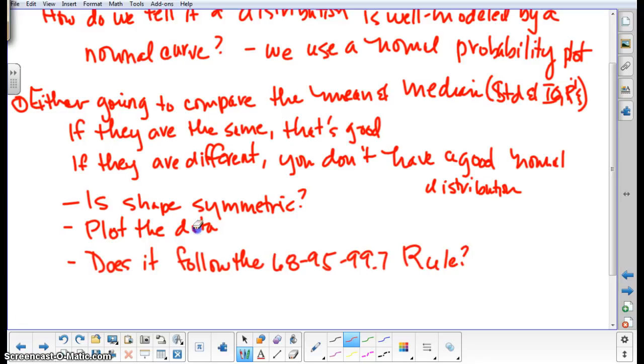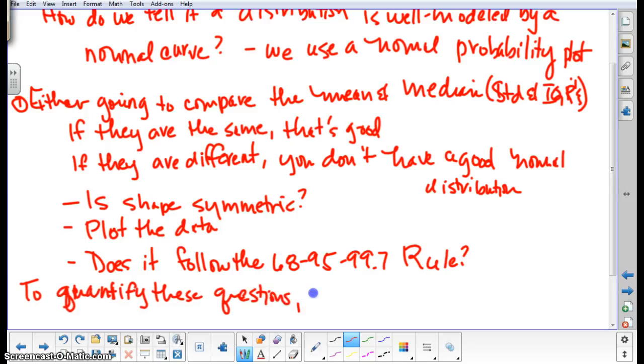Okay, so to quantify some of these questions, we can generate a normal probability plot.